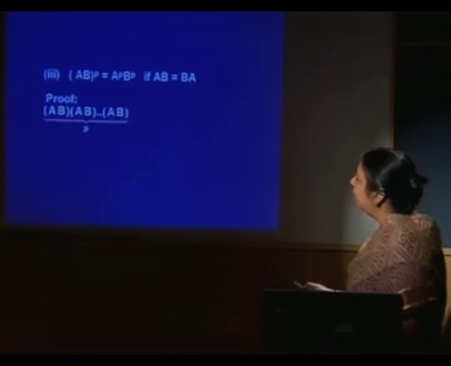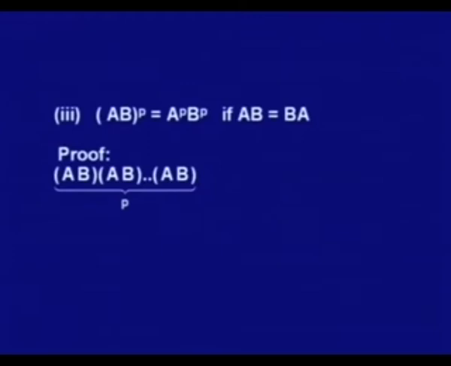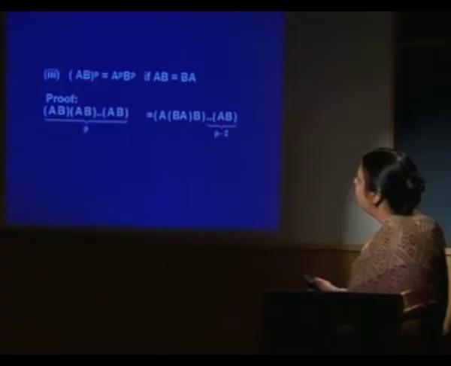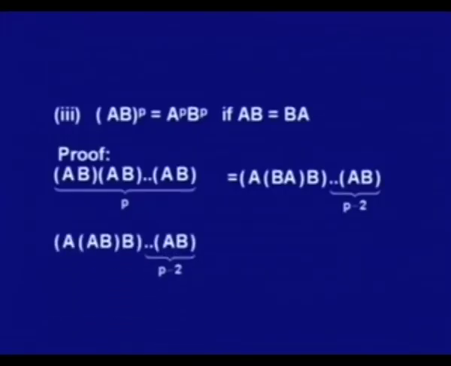So these are AB matrices p times. Now what I can do is, I can combine the first two terms, and then there are remaining p minus 2 terms. I am writing the first two terms in this particular form. The reason being that matrix multiplication is associative. So I can very easily write down first two terms in this form.